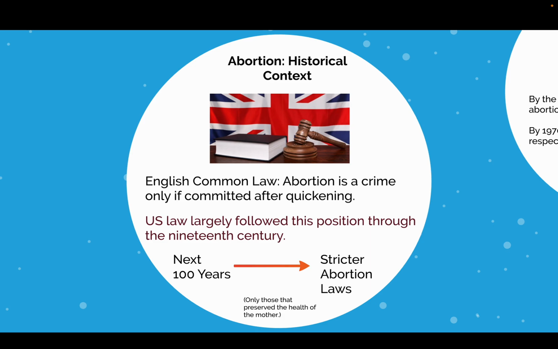However, over the next 100 years, from the 1900s to the 2000s, we saw ever stricter abortion laws being placed on the books, to the point where by the 1950s, only those abortions that preserve the health of the mother, or therapeutic abortions, were considered acceptable in the context of the United States.